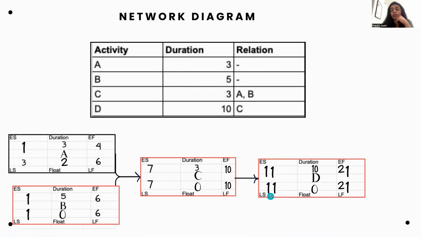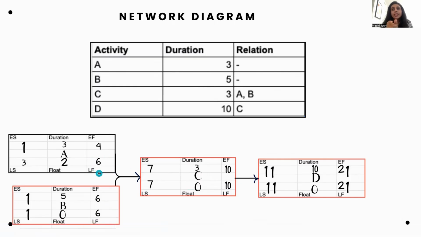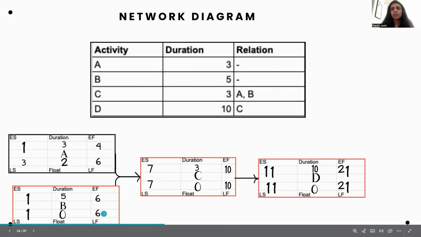So latest start could be the 11th day, which means you'll have to finish activity C by the 10th day at the latest. Now 10 minus 3 is again 7. Now 7, we will carry forward for activity A and B both. But we'll subtract 1 day because that is the latest start of activity C. Hence, latest finish of predecessor activity should be at least 1 day prior. So we put 7 minus 1 is 6, 6 to activity A and B both.